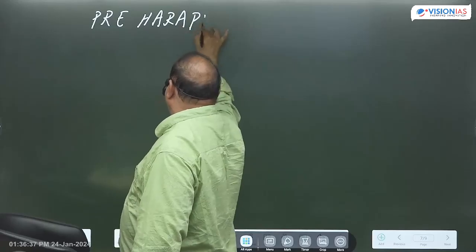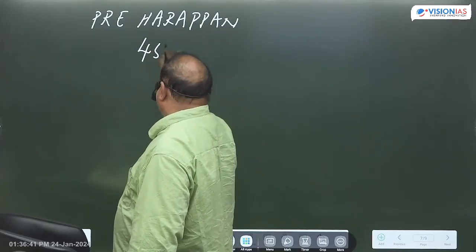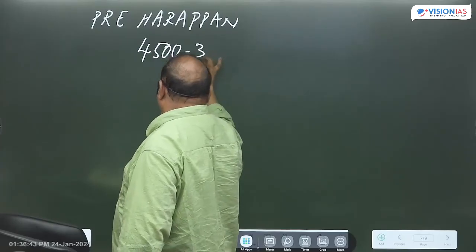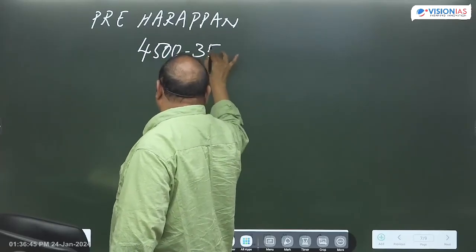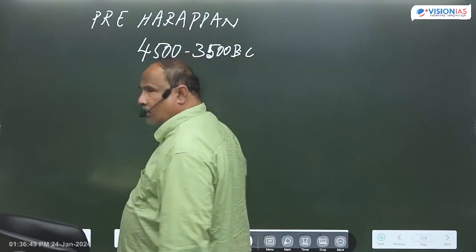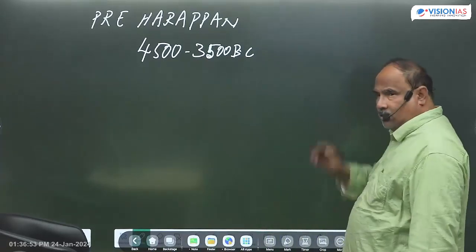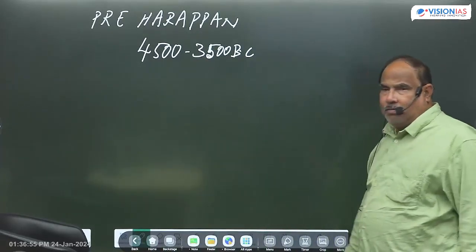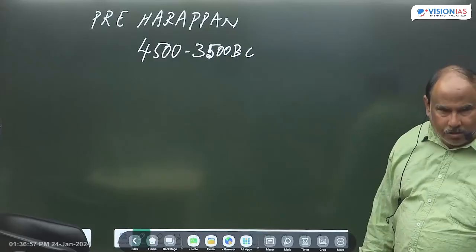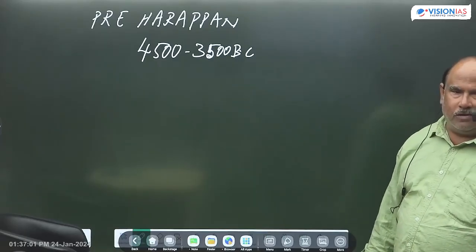Just listen, don't write anything. This is the first stage, 4500 to 3500 BC. During this first stage, the beginnings of Indus Valley civilization started. Where? In Balochistan.